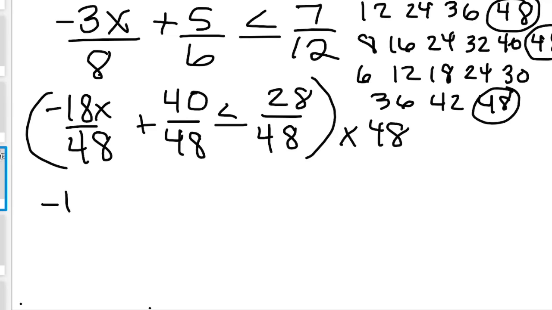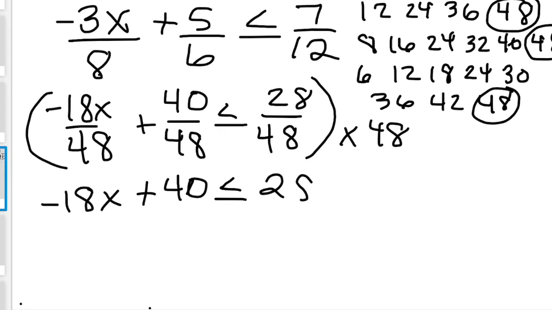I'm just left with what I started with, negative 18x. If I have 40 and I'm dividing by 48 and then I multiply by 48, it leaves me with what I started with, 40. If I have 28 and I'm dividing by 48 and then I multiply by 48, it leaves me with 28.